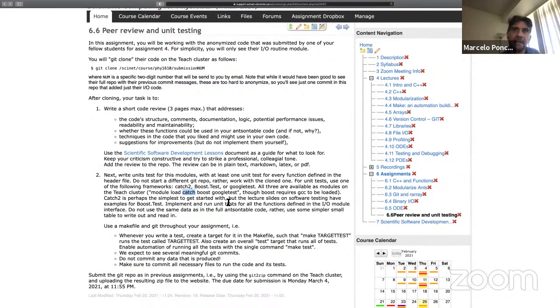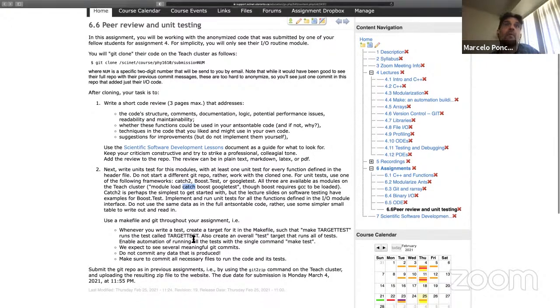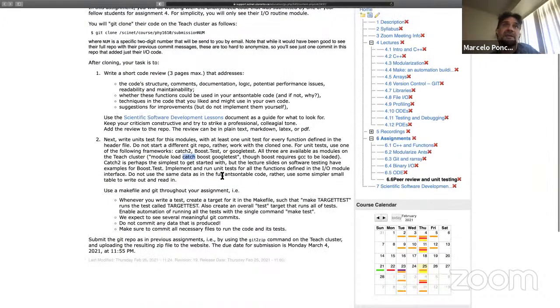So the idea is to implement the unit tests for all the functions defined in the IO module interface. One important thing: do not use the same data as the full Anson table code. Instead, use a simple, smaller version that is easy to read and write. The other thing we want is to use a makefile and Git all through your assignment.